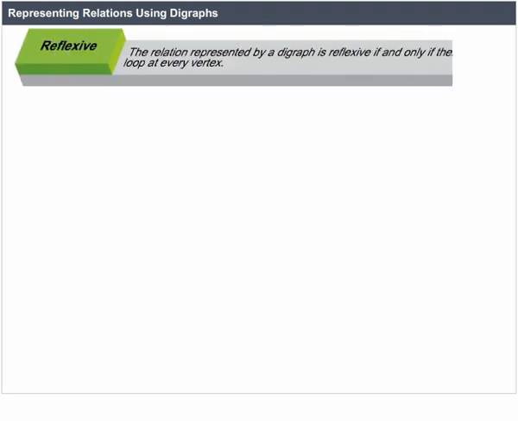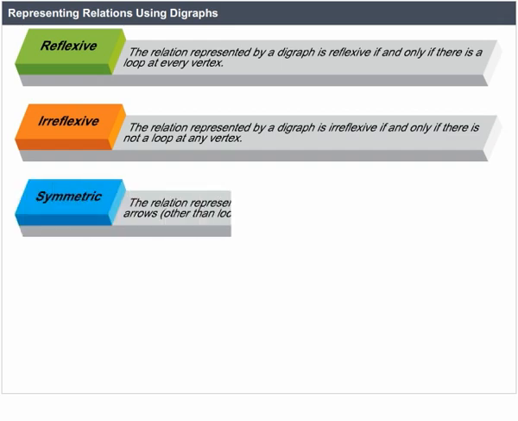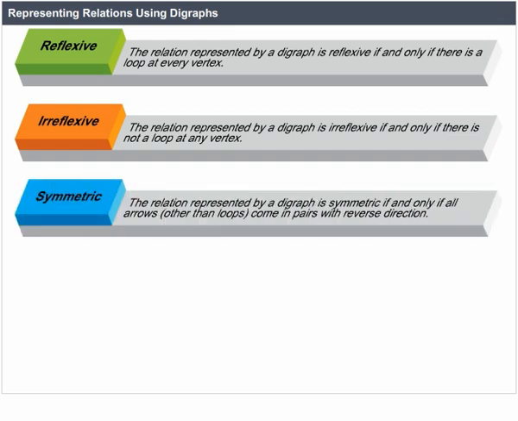Reflexive. The relation represented by a digraph is reflexive if and only if there is a loop at every vertex. Irreflexive. The relation represented by a digraph is irreflexive if and only if there is not a loop at any vertex. Symmetric. The relation represented by a digraph is symmetric if and only if all arrows other than loops come in pairs with reverse direction.